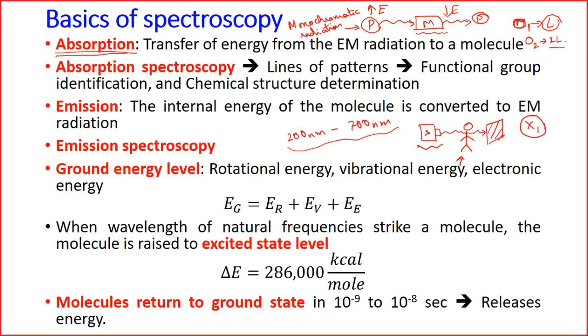The first thing we have to do, and I have told you that you have access to only a UV-visible spectrophotometer, is to make a solution of this X1 and go for wavelength scanning.